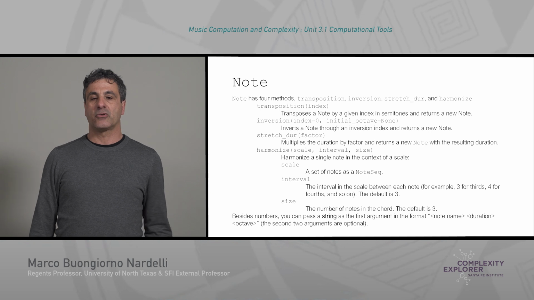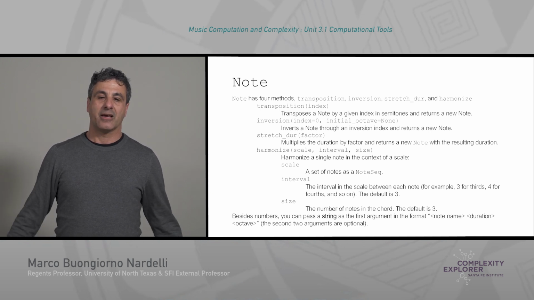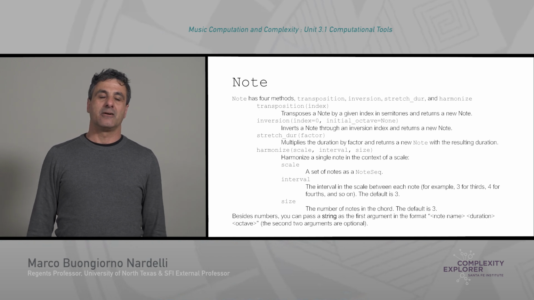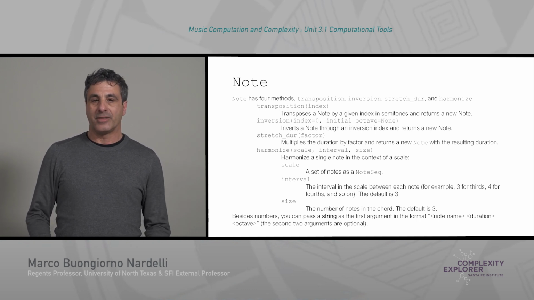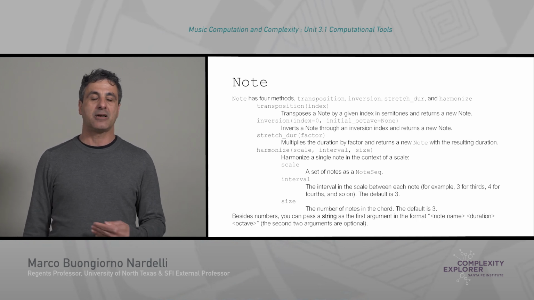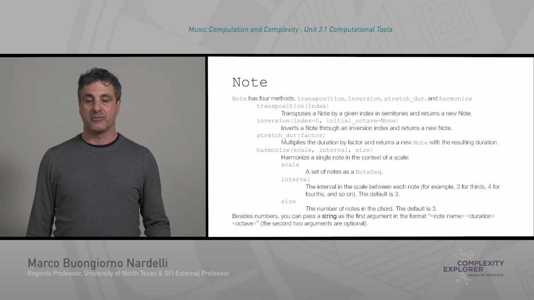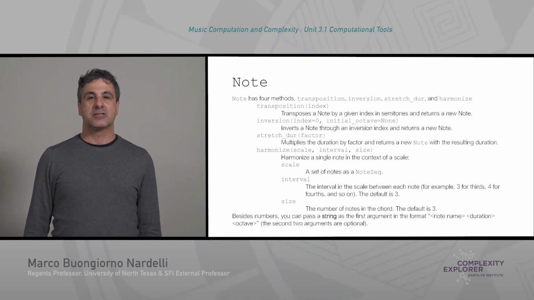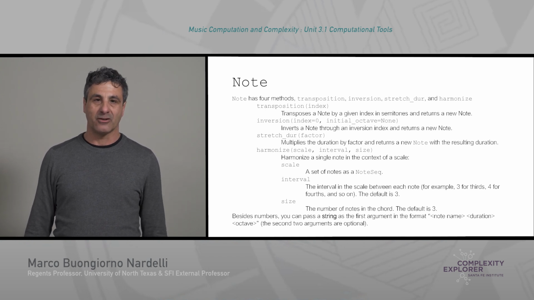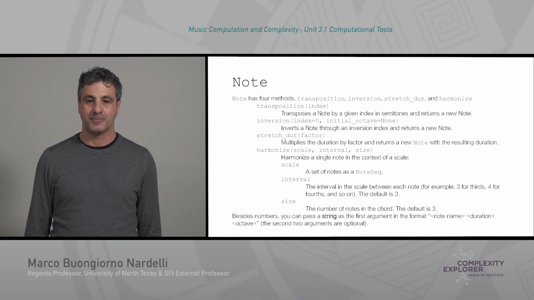And harmonize is a more complex method that builds a chord on that particular note according to a given scale. We will come back to these concepts of chords and scales in some of the future units where we discuss more about the geometrical properties of this integer space modulo 12 that are our notes and their representation.